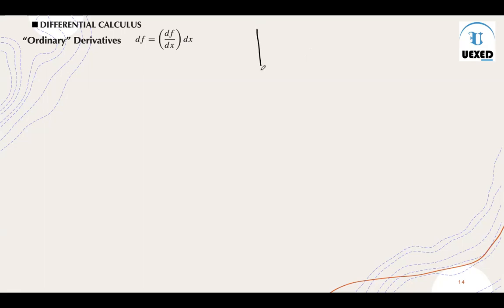For example, you have some function which is fluctuating like this. Comparing to this, if some function is something like this, you can say that this function is changing more frequently than this function.